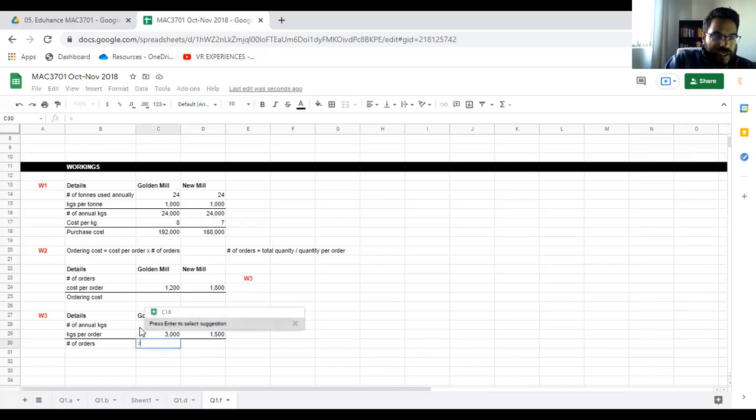So then we say total kgs divided by kgs per order. That tells you we need to place 8 orders with Golden Mill, whereas we have to place 16 orders with New Mill.